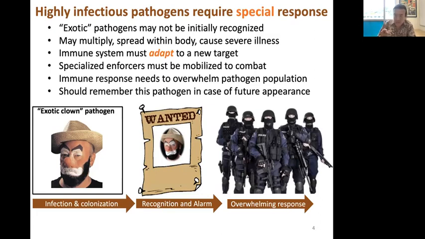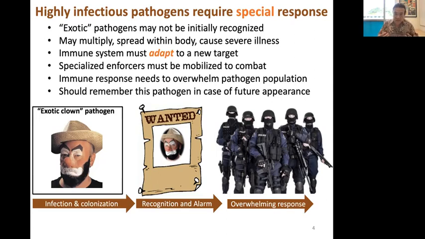The key here is that by the time your immune system is alerted to the fact that bad clown is in fact a bad clown and he needs to be taken care of, enough time has gone by that potentially bad clown, this pathogen, has had a chance to really begin to spread and cause damage in your body.